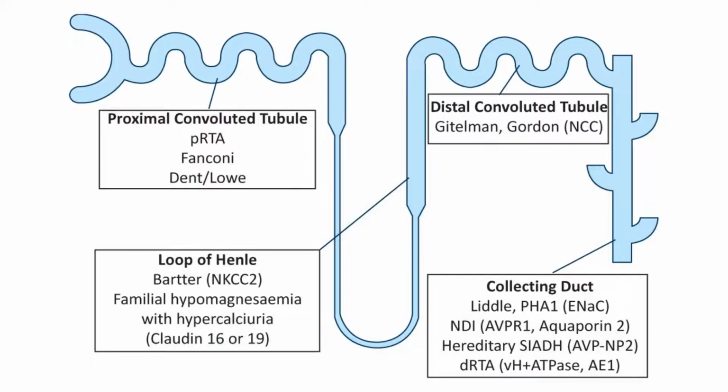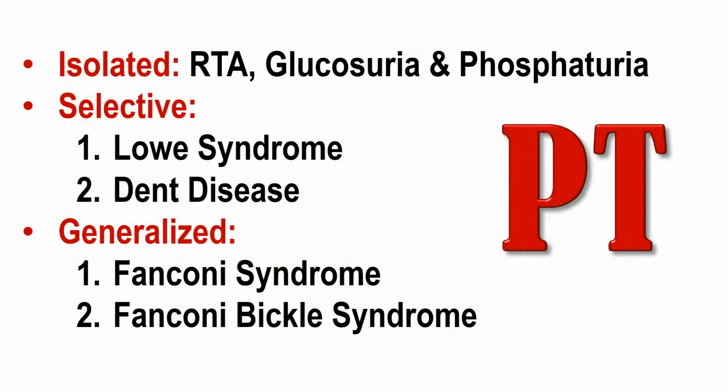Now we are talking about each special segment and the disease in each segment. In the proximal tubules, we have isolated defects: renal tubular acidosis, isolated glucosuria or phosphaturia, and this phosphaturia produces familial hypophosphatemic rickets. Selective or partial proximal tubular dysfunction is present in Lowe disease and Dent.